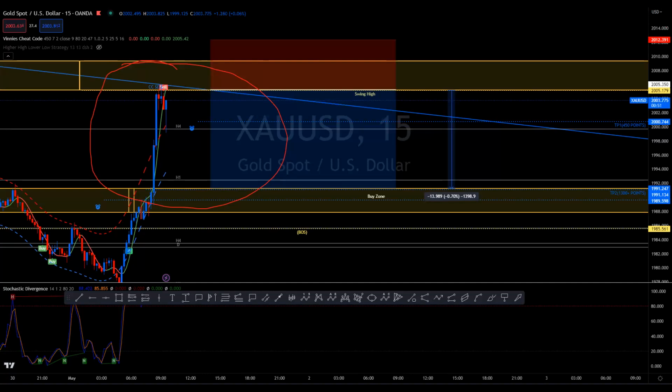We'll see what the next candle does, and if it continues to go against us, we'll just take the loss. We'll wait for the next candle here.